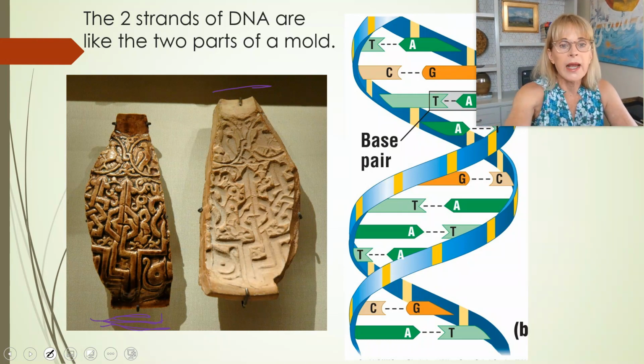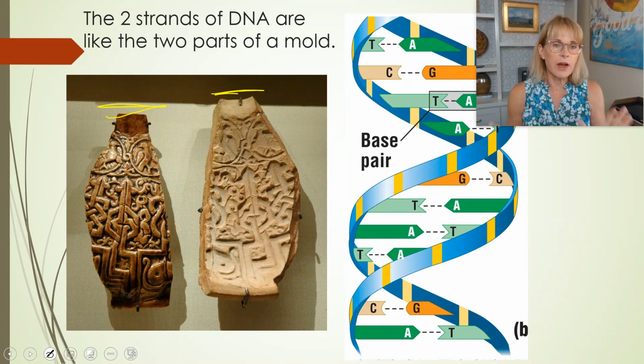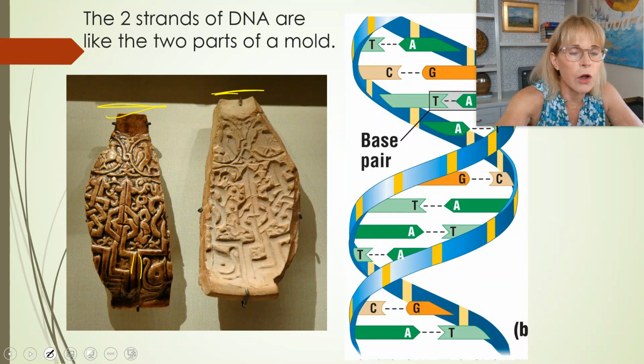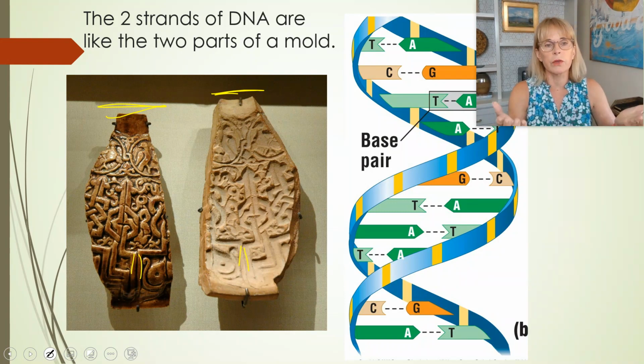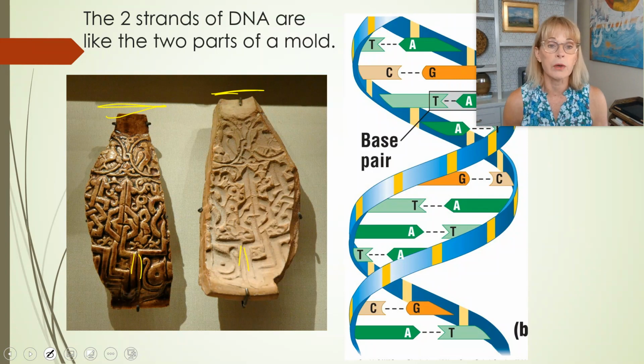The pottery over here and the mold over here, they're not identical, but they fit together. So wherever there is a ridge over here, there's going to be a groove over there, right? Straight grooves, curvy grooves, straight ridges, curvy ridges, they fit together. These 2 strands of DNA, they fit together in a very special way.